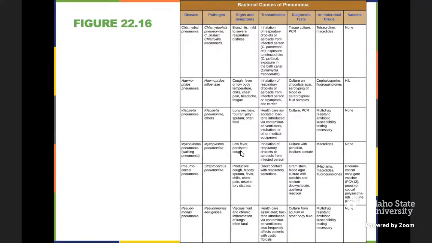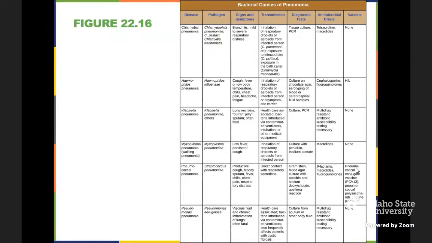Mycoplasma: low-grade fever, persistent cough, and like I said, as far as some of the pneumonias go, a little more mild, if you will. All right. Streptococcus pneumoniae, strep pneumo: productive cough, bloody sputum, fevers, chills, chest pain, and potentially respiratory distress.